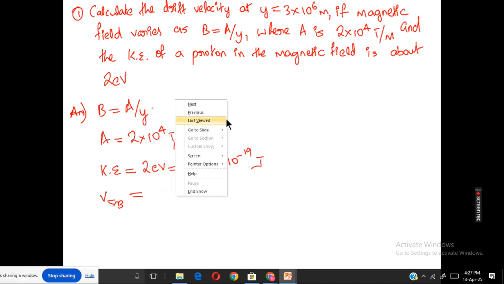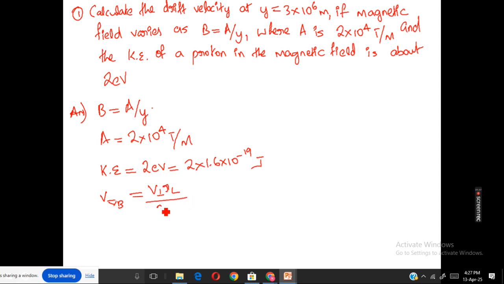It's just v perpendicular R L by 2 B z into dou B z by dou y.